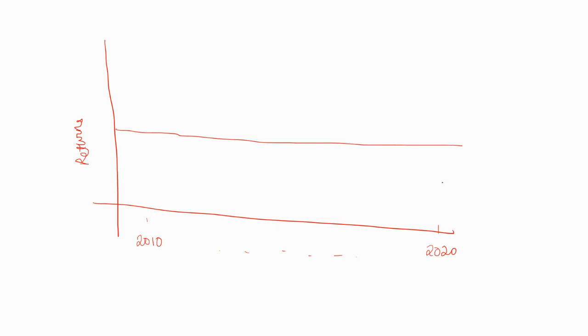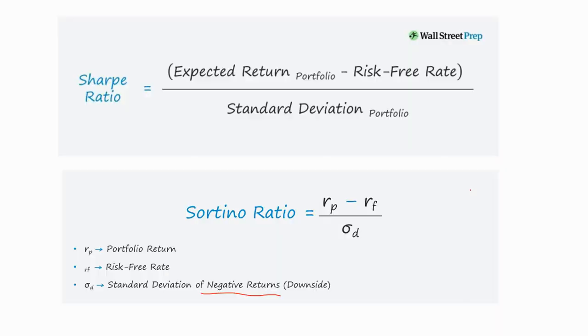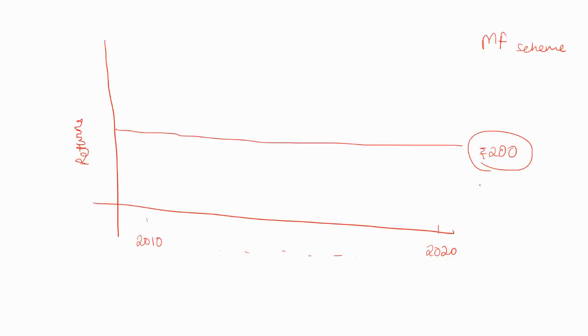Now my average return is rupees 200, means average returns that I generated per year is 200, and this is of a mutual fund scheme. Now this average return is 200. Does it mean that every year I got 200 return? No, there have been some years where returns have been high, there have been some years where returns have been low, somewhat like this is how the returns have been.